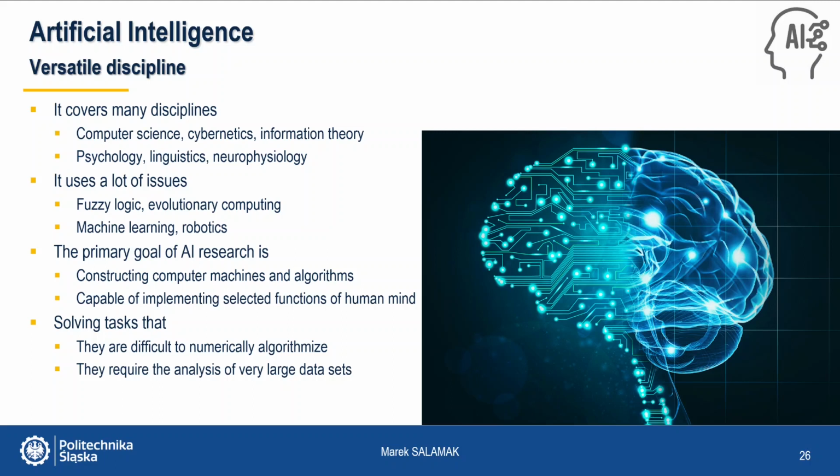The main goal of research on artificial intelligence is to construct machines and computer algorithms that would implement selected functions of the human mind. It is about solving tasks that are difficult to algorithmize and require the analysis of enormous data sets numerically.